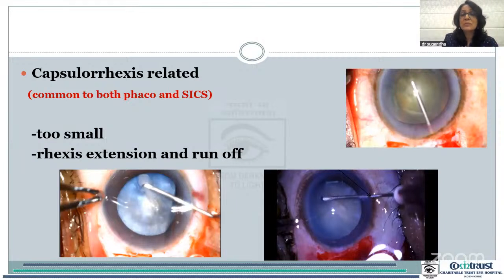I will be showing a subsequent video in which the surgeon was struggling pretty much, trying to hydroprolapse it and failing miserably, and ultimately that case ended up in a PCR and a nucleus drop. So a decent size rhexis, about 7 to 8 millimeters, would be ideal in a SICS case.